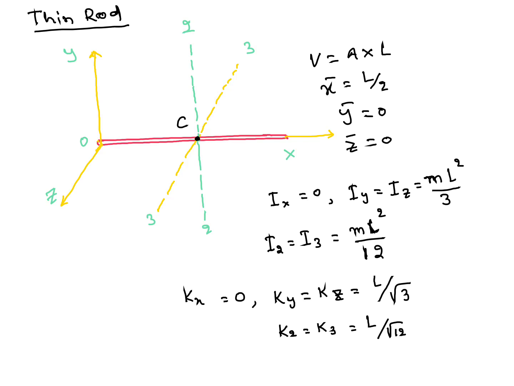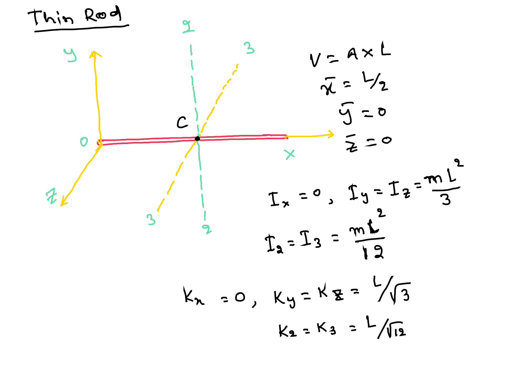Then Ix, mass moment of inertia along xx is equal to 0 and mass moment of inertia Iy equal to Iz equal to m L square by 3. Then I2 along 2 axis and along 3 axis mass moment of inertia is m L square by 12.